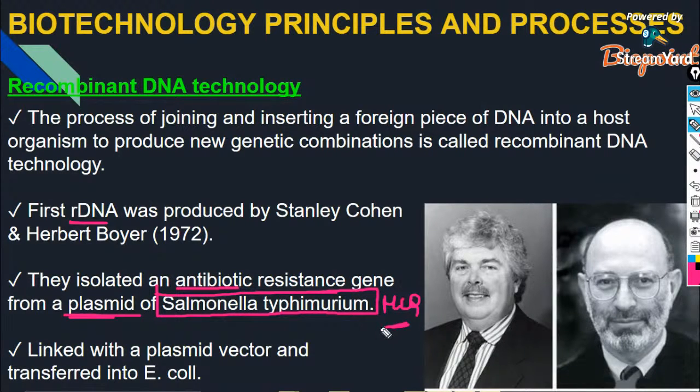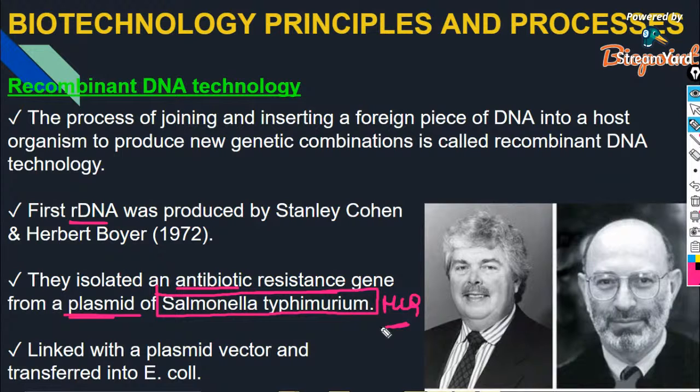The first recombinant DNA was constructed by Stanley Cohen and Herbert Boyer in the year 1972. They cut out a piece of DNA from the plasmid carrying an antibiotic resistant gene in the bacterium Salmonella typhimurium.